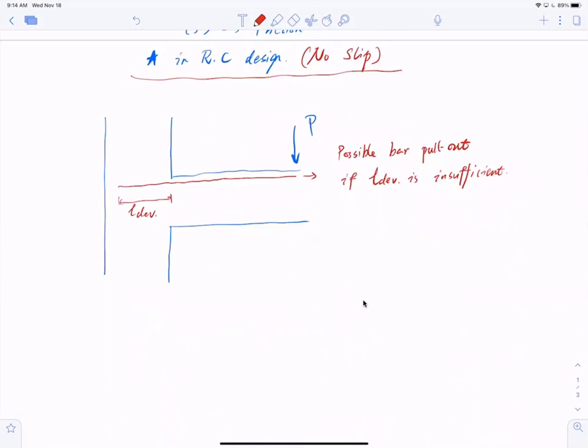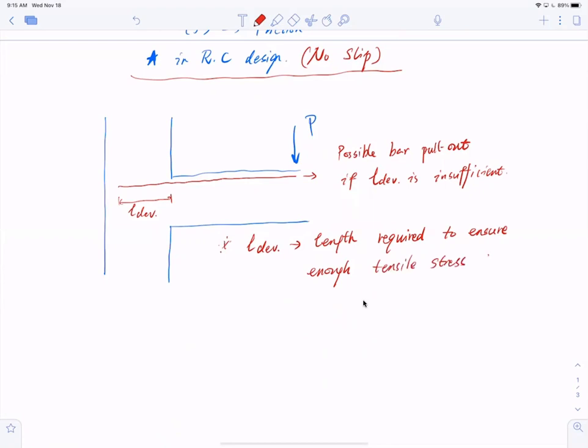Hence, the definition of development length. The development length, L development, is the length required to ensure enough tensile stress can be developed in the bar to reach the yield strength, Fy.